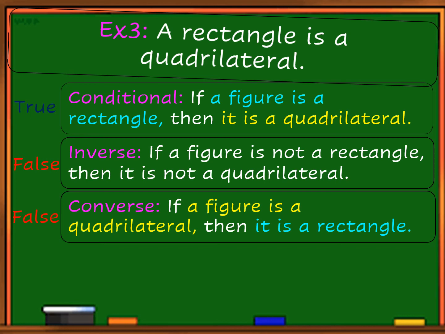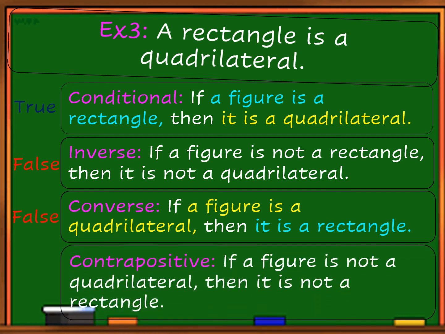And the contrapositive statement is written as, if a figure is not a quadrilateral, then it is not a rectangle. This statement is also true. All figures that are not quadrilaterals are definitely not rectangles. Examples are circles and triangles.